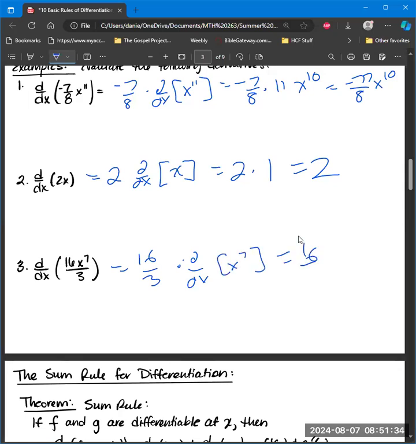It's going to be 16/3 times 7x to the 6th, which is 112/3 x to the 6th.